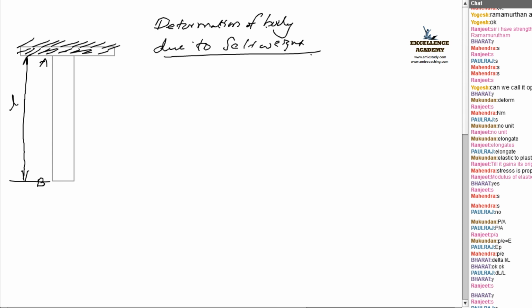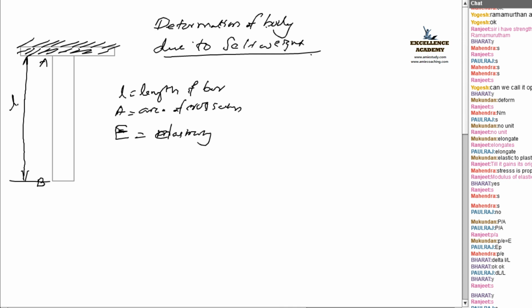Then I am going to explain the terms used to derive this. Say L is the length of the body, length of bar. A is the area of cross section, and E is the modulus of elasticity, and small w is the specific weight.